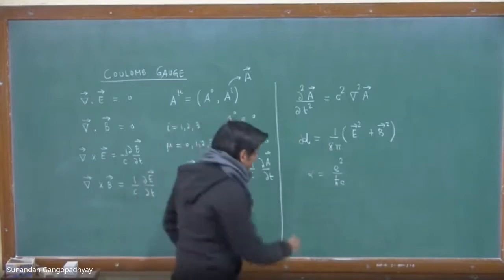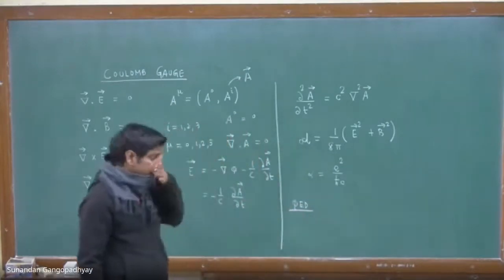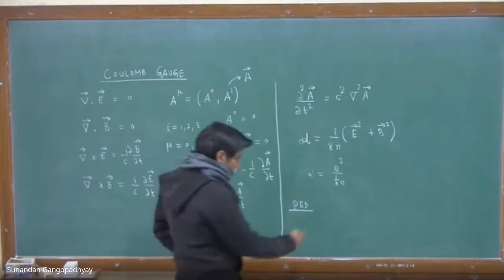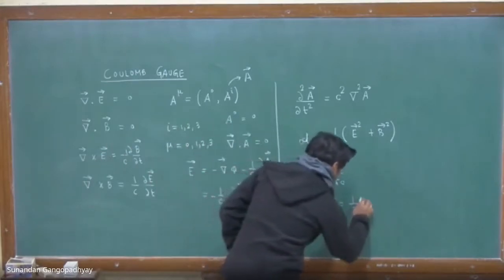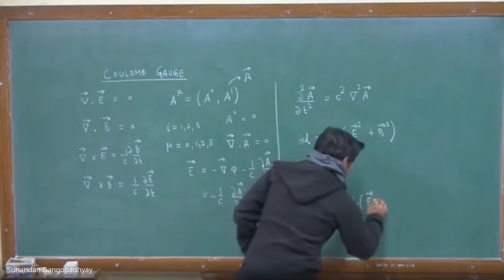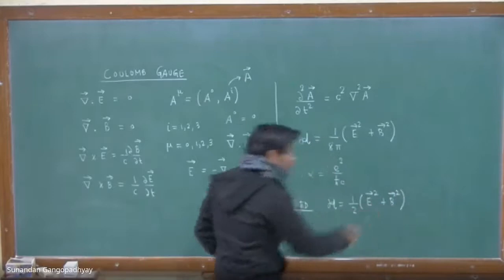In QED, quantum electrodynamics, which we shall look at later, the Hamiltonian density is basically, this is the standard form that one uses in QED, half of E squared plus B squared, and these are called rationalized units.